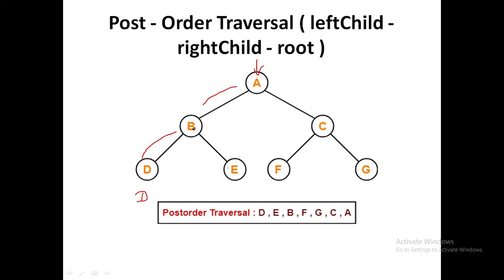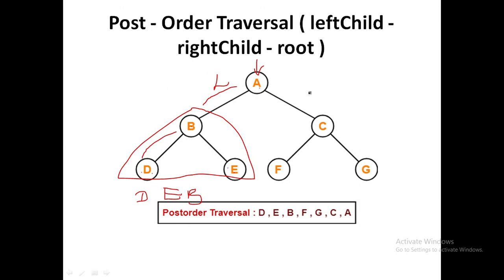So B's right child is E. We have already written left, after that right, then we have to write the root. This subtree completes. After that, we have completely finished the left subtree of root A.